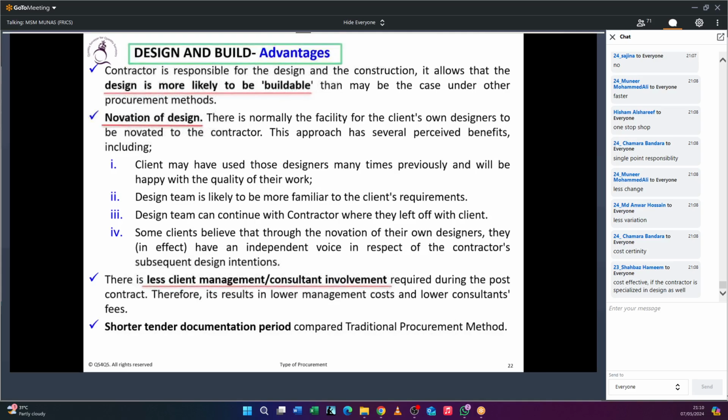And regarding the tender documentation, you are not preparing the detailed design or detailed BOQ. That means the tender pre-contract period is shortened for the employer. What about the contractor? Under the traditional, he will take more time, or does the design and build contractor take more time? In design and build he needs more time to prepare the tender return.